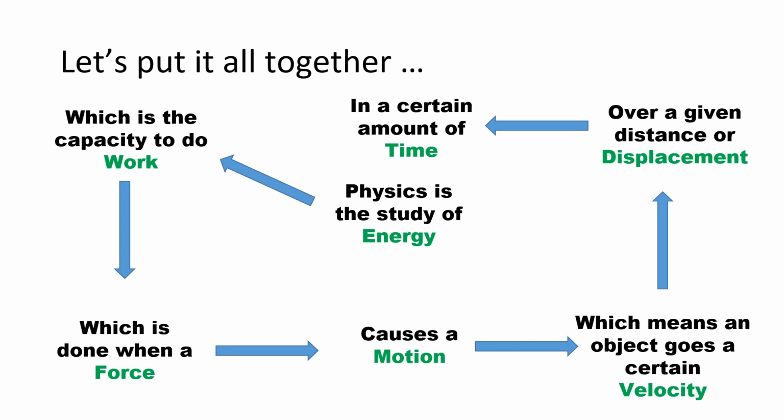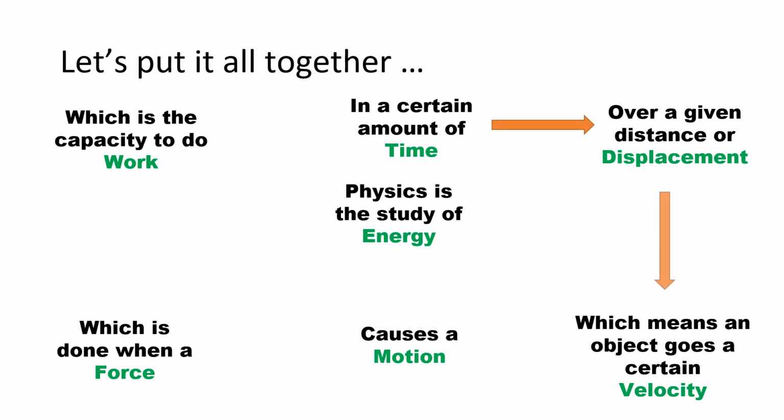So when an object goes a certain velocity, that means it has undergone a certain displacement in a certain amount of time. So one way to approach our study of physics might be to reverse this flow. What if we said, first we'll look at time, and then displacement. And from displacement and time, we can calculate velocities.